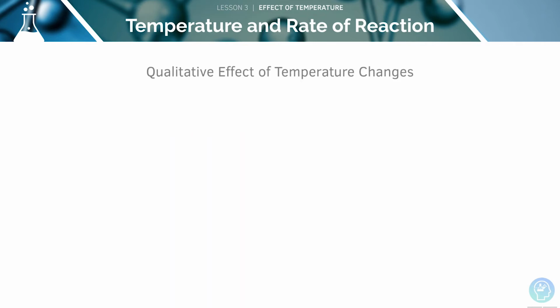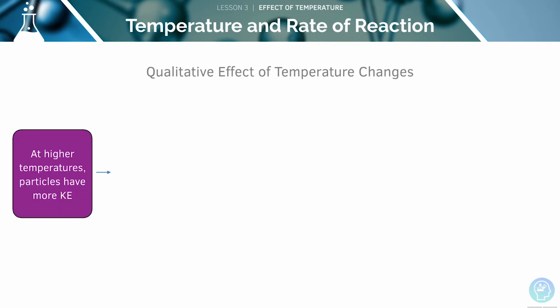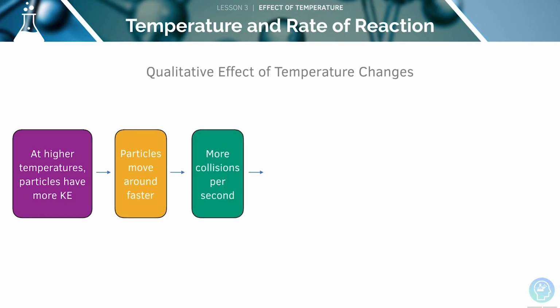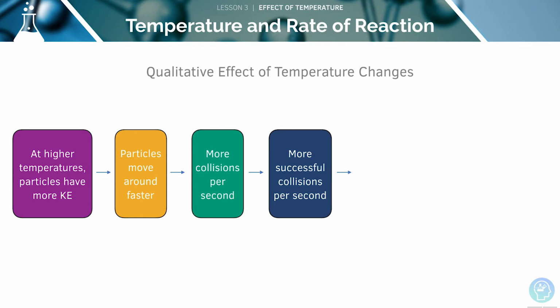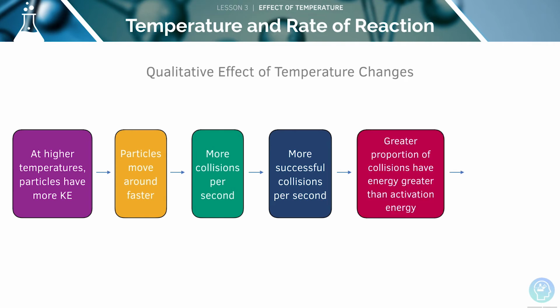Now let's look at a flow diagram to describe the effects of temperature changes. An increase in the temperature will cause the particles to gain more kinetic energy. The particles will move faster, leading to more collisions per second and more successful collisions per second.